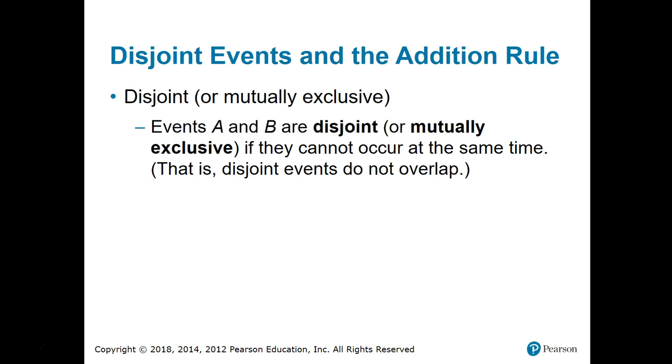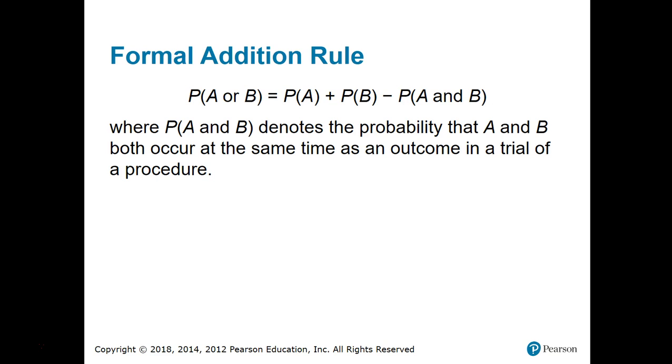So the probability of a disjoint event, A and B, if they're mutually exclusive, meaning if one happens the other can't, is 0. So the probability of A and B is 0 if they're mutually exclusive. Therefore, the probability of A or B is simply equal to the probability of A plus the probability of B.